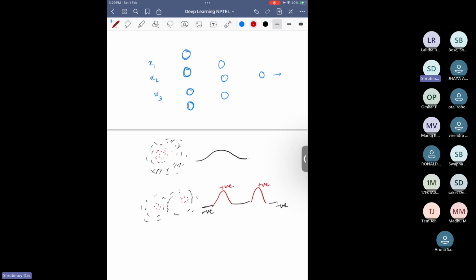So you can have these more expressive types of functions when you use more neurons or more layers. And this expressivity comes because of using this non-linearity, whether you use this logistic function or later on you look at, say, ReLU or something like that.